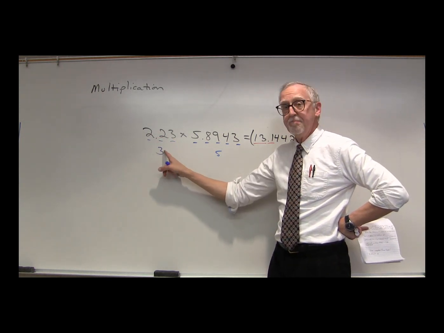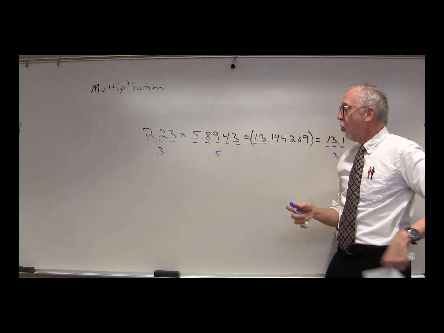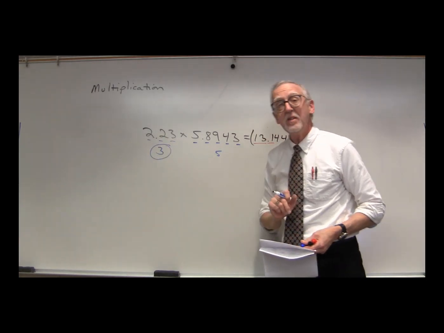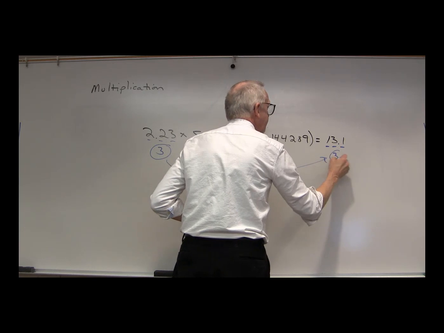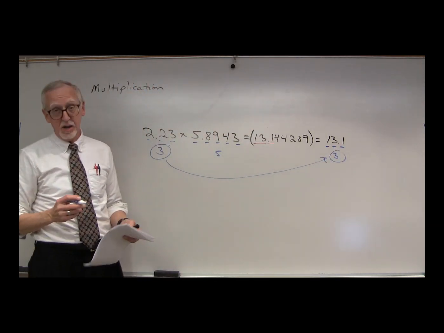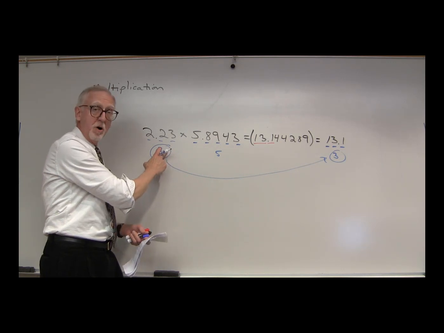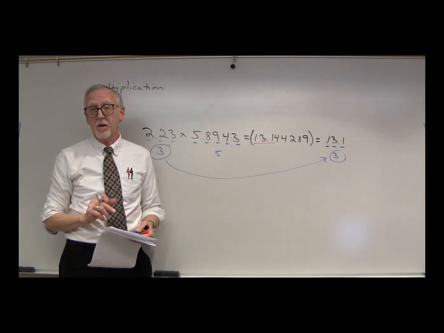This one has 3, this one has 5, whatever the others are that you're multiplying. Whichever of those has the fewest number of significant figures, that will be the number of sig figs that you can keep in your answer. So this one has 3, this one has 5. 3 is the smallest out of 3 and 5, so we can only keep 3 sig figs in our answer.